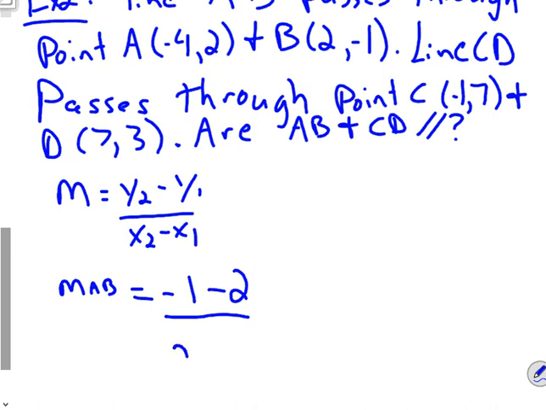So it's going to be 2 minus -4. -1 take away 2. -3. 2 take away -4. It's +6. Yeah, -1/2. Good. So now I have to do the same for line CD.